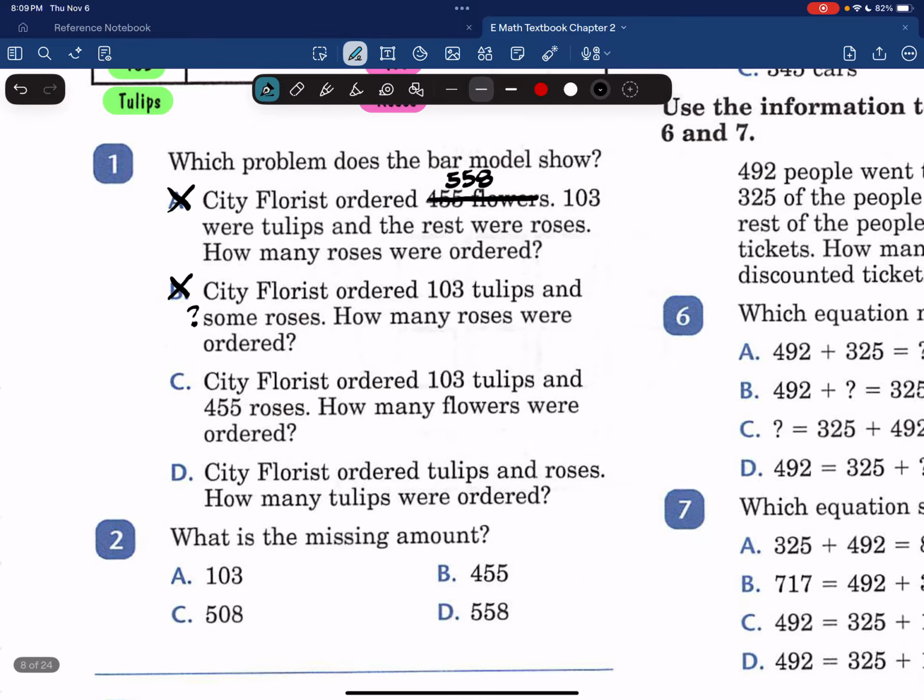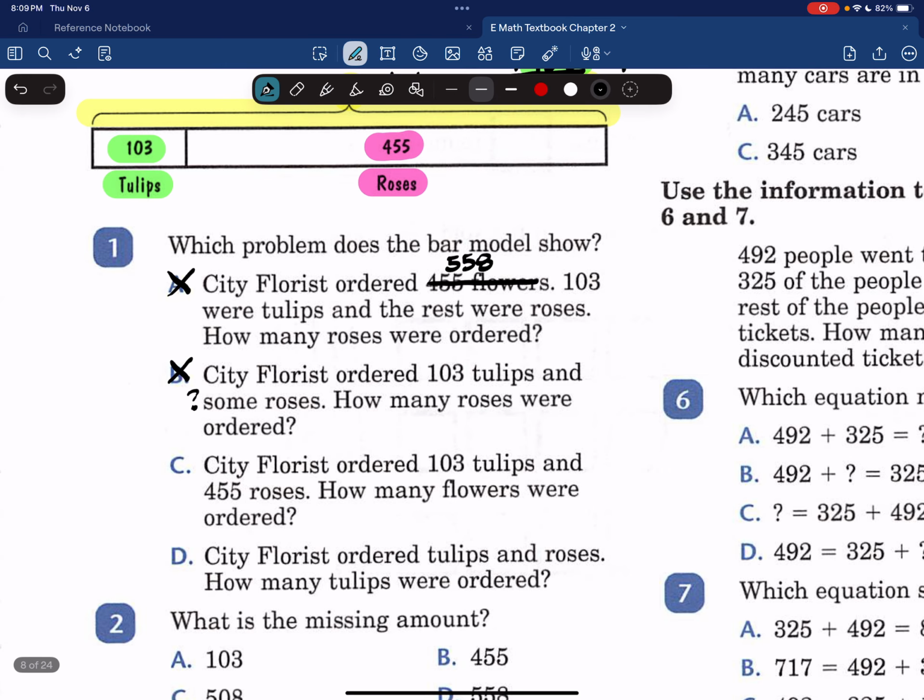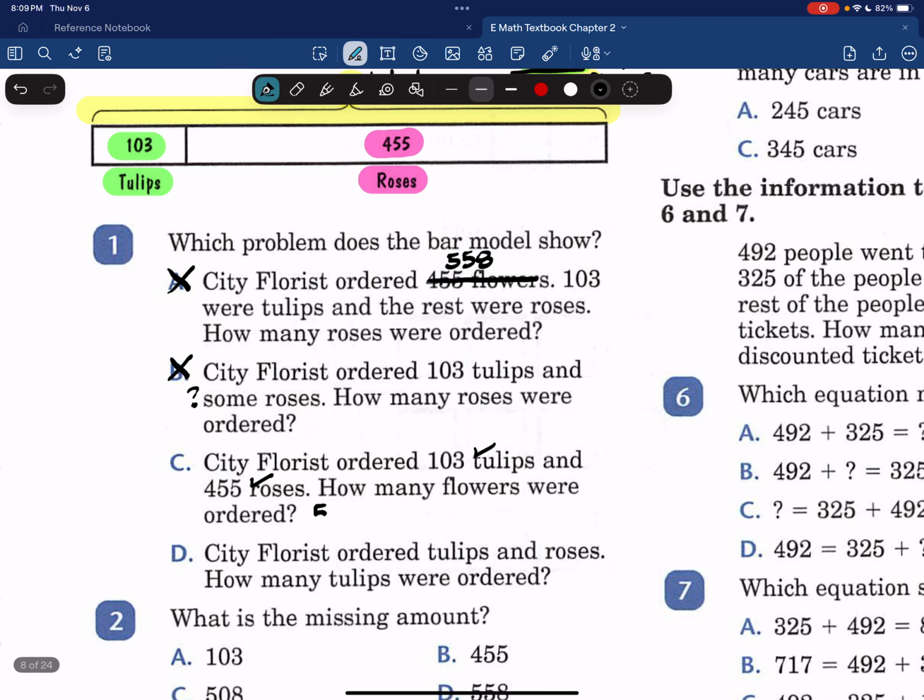City florist ordered 103 tulips. That's true. And 455 roses. That's true. How many flowers were ordered? We found that. This is the story we're looking for. City florist ordered tulips and roses.